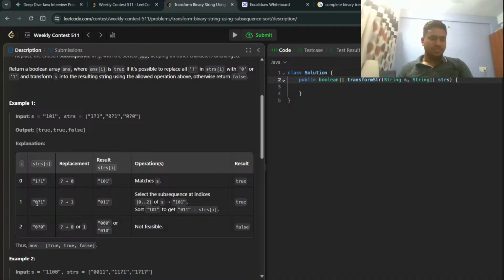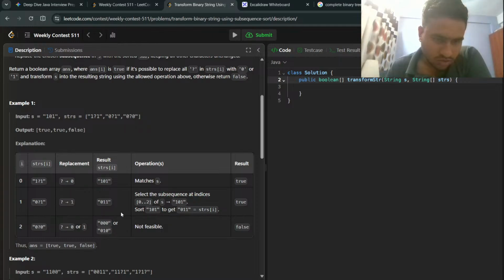Here we have 0 question mark 1. We'll replace with 1. Select the subsequence at indices 0, 1, 2.